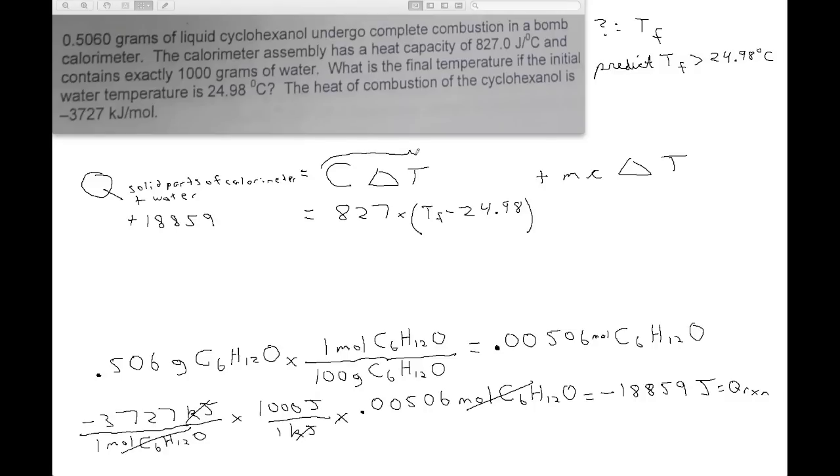So this term here would represent the solid parts of the calorimeter, the reaction vessel, and the thermometer and stuff like that. And this would represent the heat that's absorbed by the water.